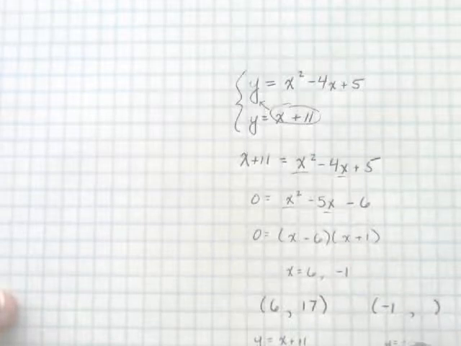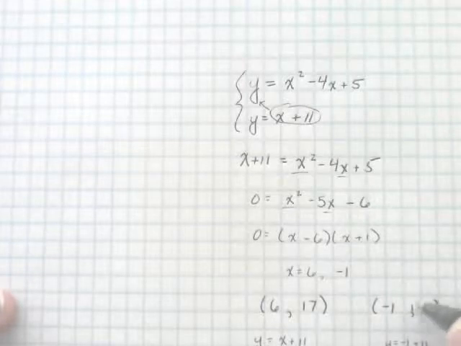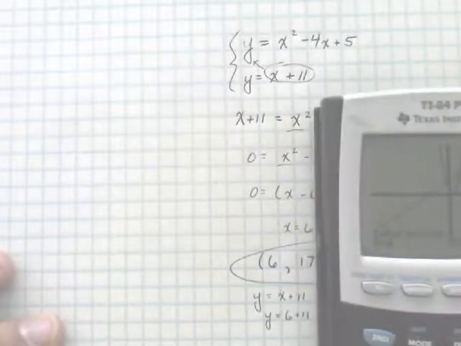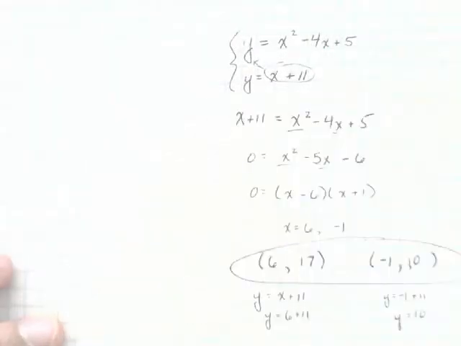Similarly for the other, and those are my points of intersection. Oops, that should be negative 1 comma 10. So those also happen to match what I had on my calculator earlier.